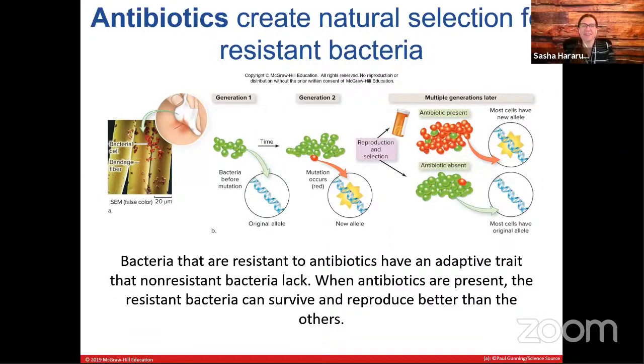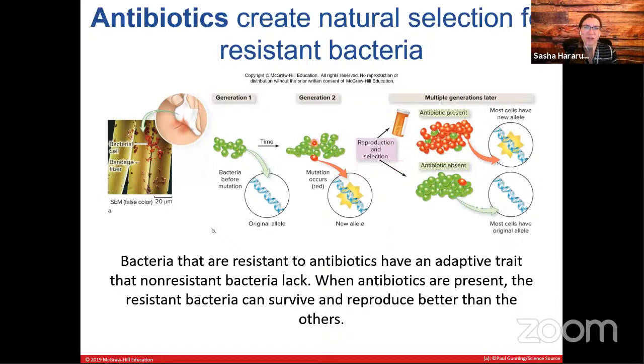All right. Bacteria reproduce faster than us, and every time the DNA is replicated, there is a chance of mutation. If this replication gave rise to a mutation that caused the bacteria to be resistant to the antibiotics, then introduction of the antibiotics may result in the dominance of the strain of bacteria that is resistant.